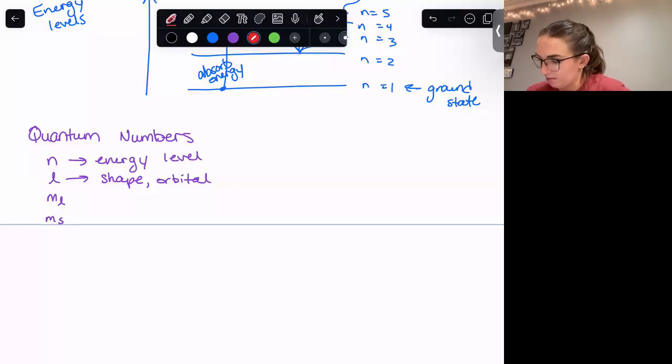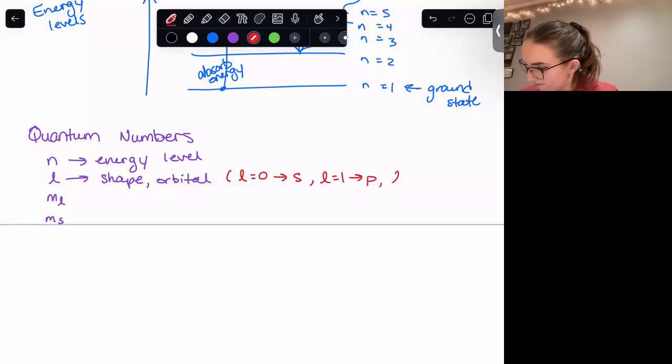Right, and so what options do we have? l can be equal to 0. What orbital does that correlate to? Yep, this is going to be s. When l is equal to 1, this is going to be p. Great. l is equal to 2, this is going to be d. And when l is equal to 3, this is going to be f.